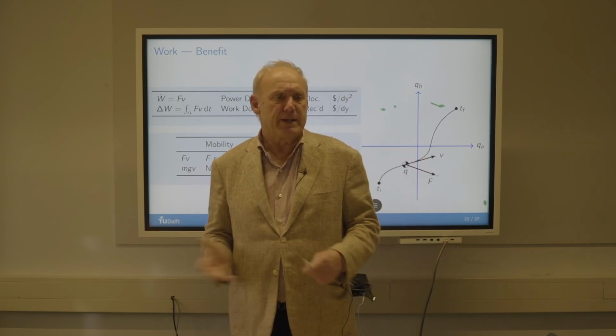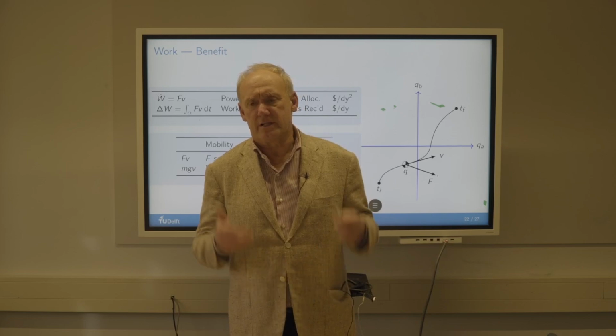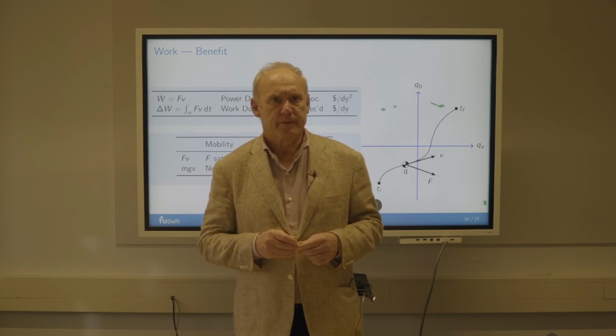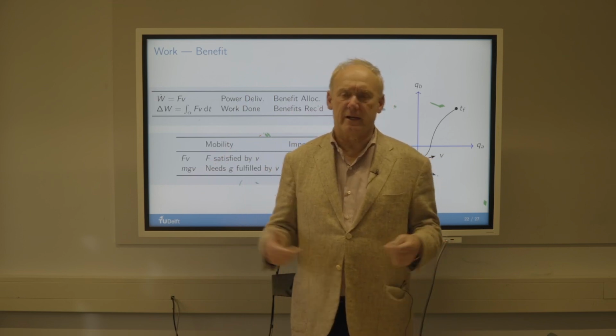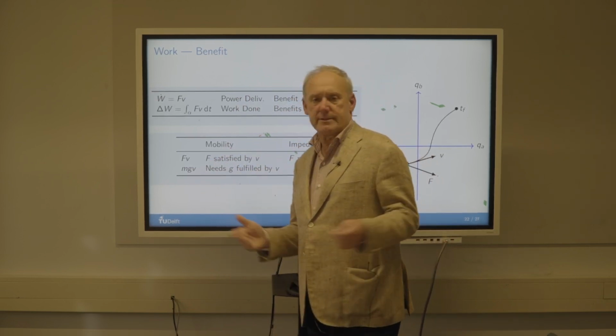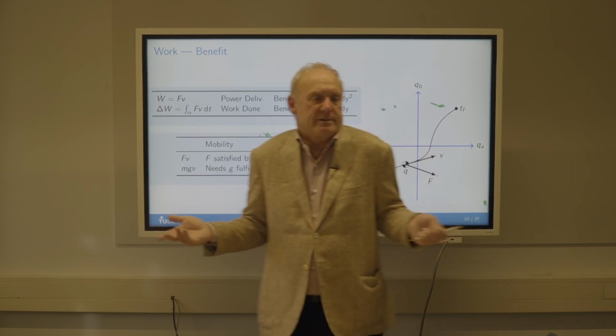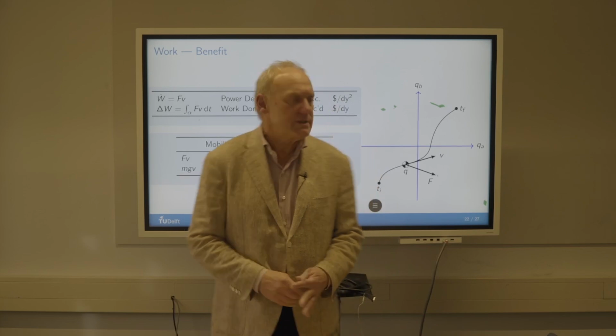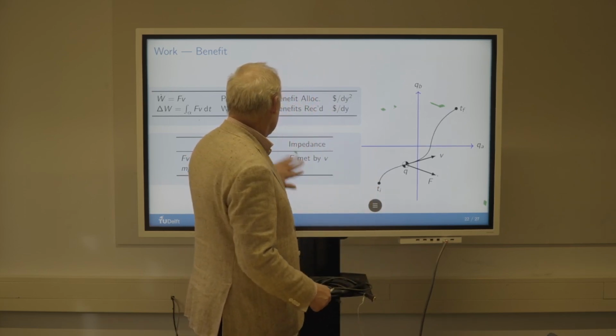You can even describe an animal with this kind of thing. So the benefits that they acquire through their work, that is power, and it's just there, no matter whether you have any economy. So I would say this predates any economics.